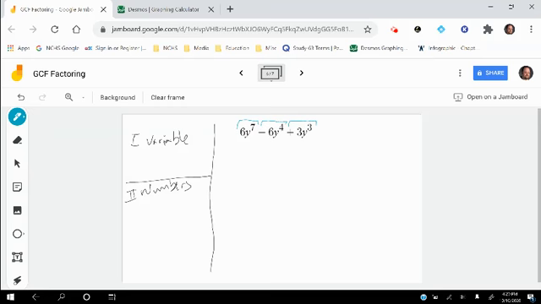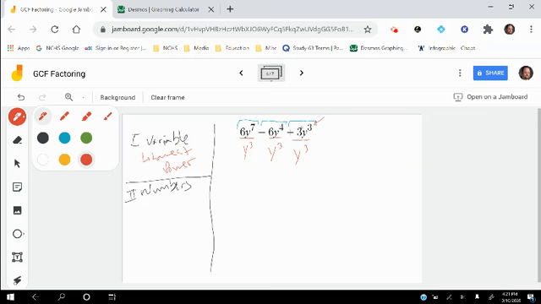So first I look at the variables. Yes, they all have a y in them. So again, I need the lowest power. So the lowest power is y cubed. It's not always on the end, but if you arrange everything in order properly, it will be. So I'm going to have a y to the 3rd, y to the 3rd, y to the 3rd.